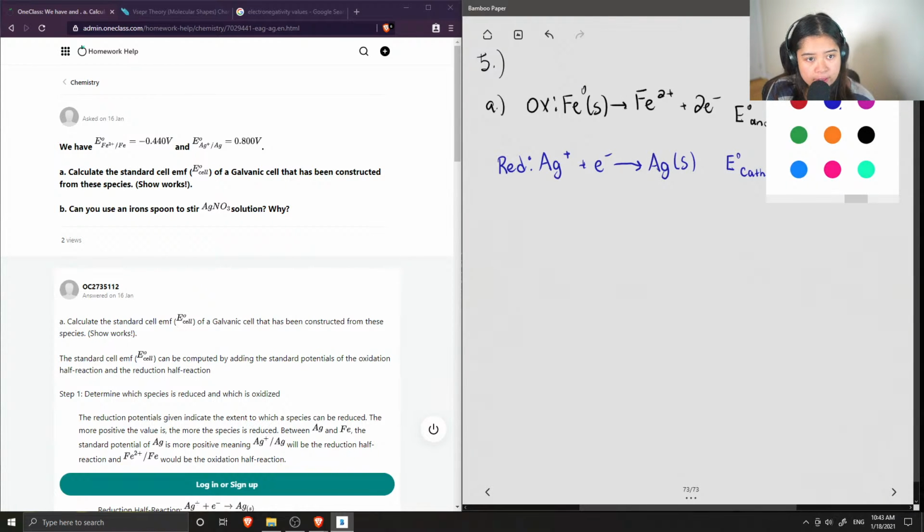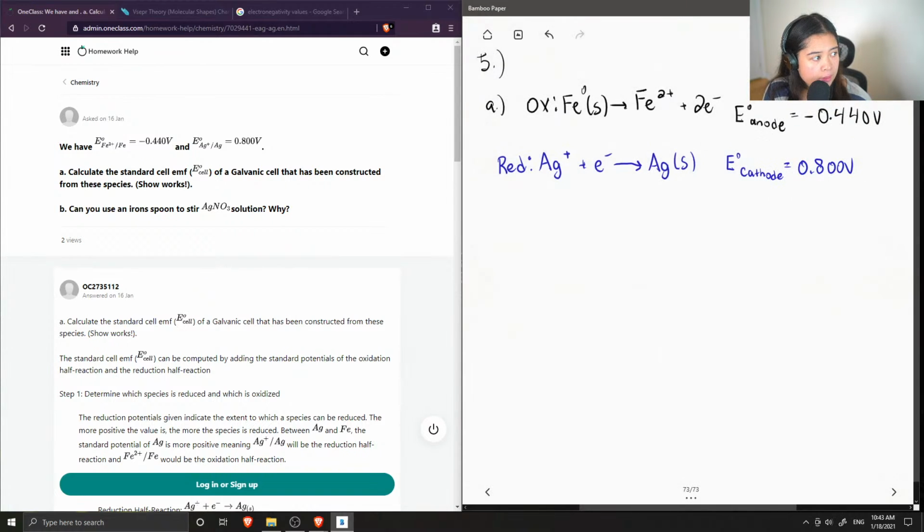So now to answer the question, calculate the standard cell potential, which is E cell, of a galvanic cell that has been constructed from these species. So we can calculate E cell because this is equal to E cathode minus E anode.